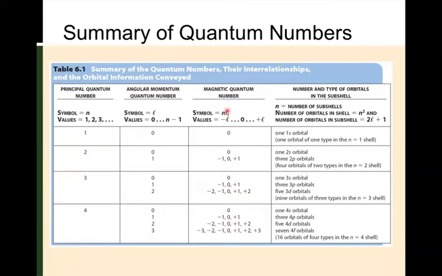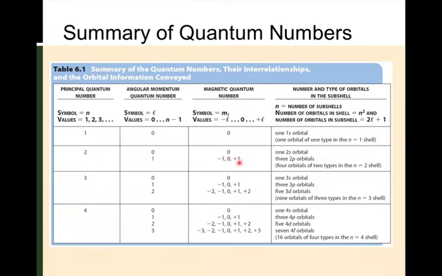Then there's also the magnetic quantum number, this ml, which gives the orientation or direction that the orbital points in. Now, L is equal to 0, so the s orbitals only have one orientation, which is 0, and that kind of makes sense. If you think about a ball or a sphere, how can you tell which direction the ball or sphere is pointing? It's uniform across its surface. Whereas if you think about the p orbitals, they have a bow tie shape.